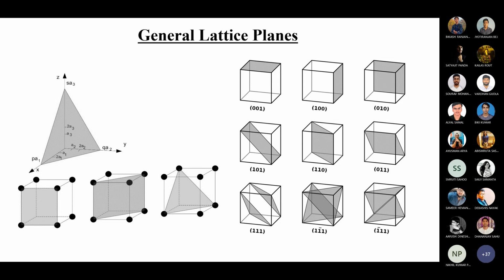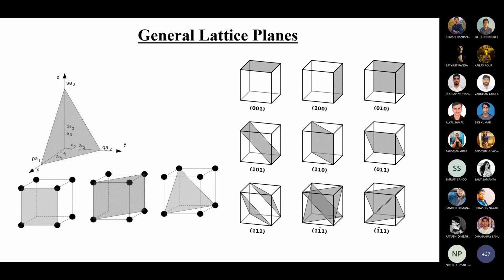So before we start that, I just want to tell you one thing: when you represent a direction, HKL, it should be in square brackets. HKL in square brackets actually shows the direction.